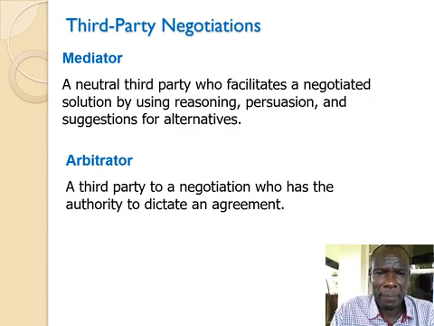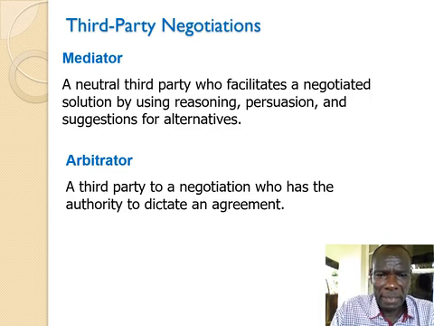A mediator is a go-between, a person who brings you together to a round table to negotiate. He has no personal interest in the matter, but he is an expert, he is gifted, and is able to mediate you.